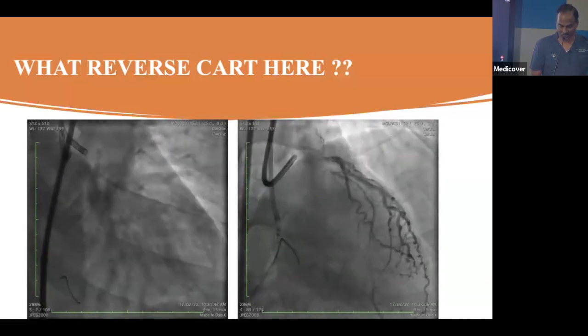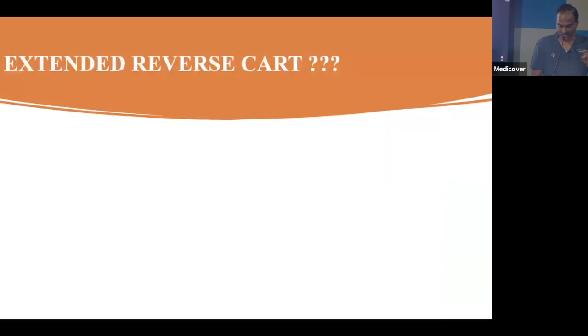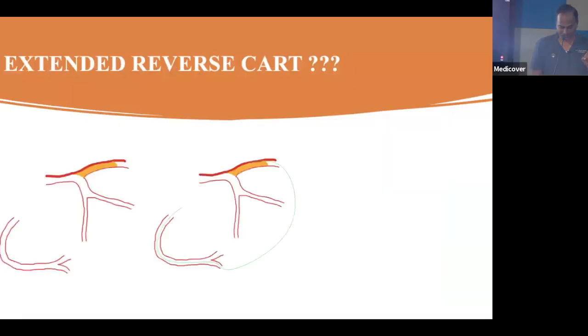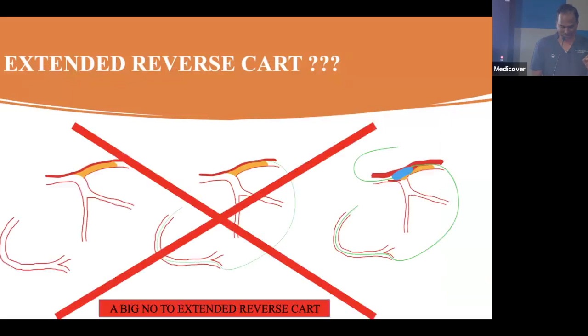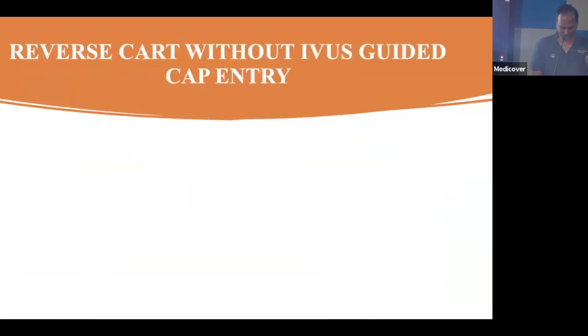Understand? So it should be antegrade cap puncture first. This is what can happen. So if you do an extended reverse CART, it is completely barred. So the ideal is to just do antegrade cap puncture, IVUS guided, and then go.